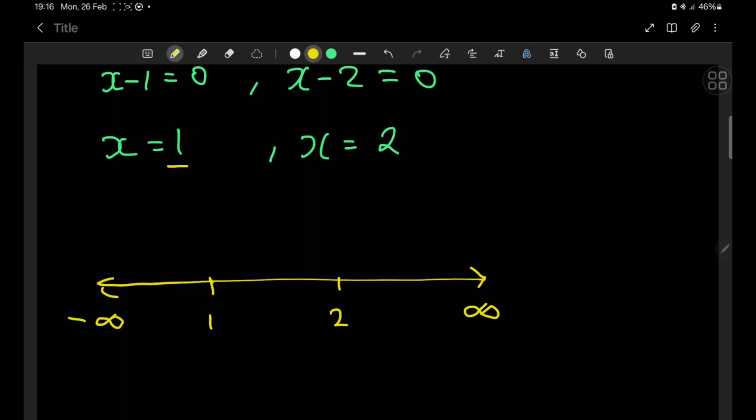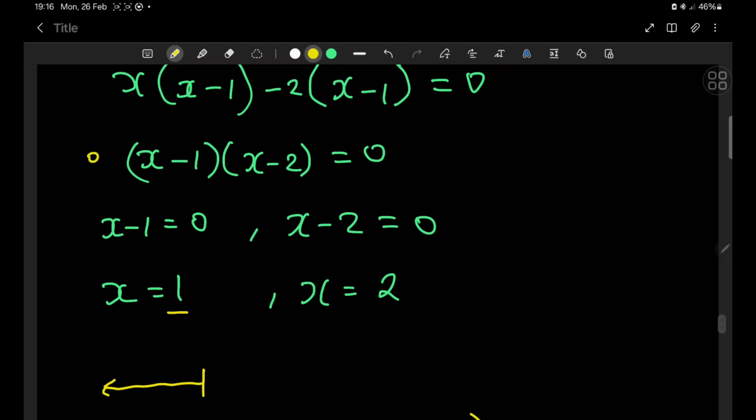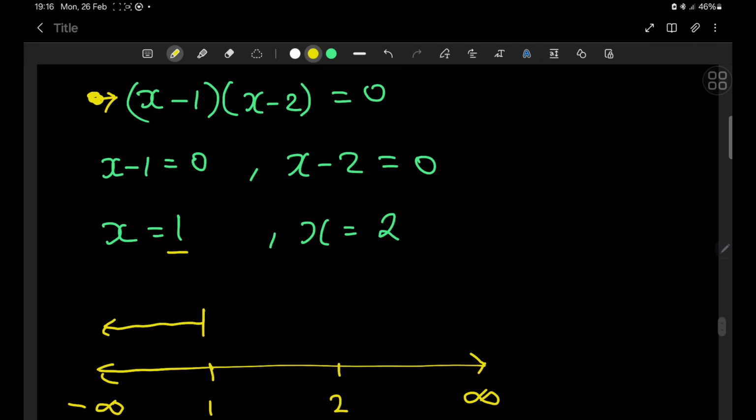So these are the values we work with. In each interval, we can pick any number to determine if the number suffices or not.